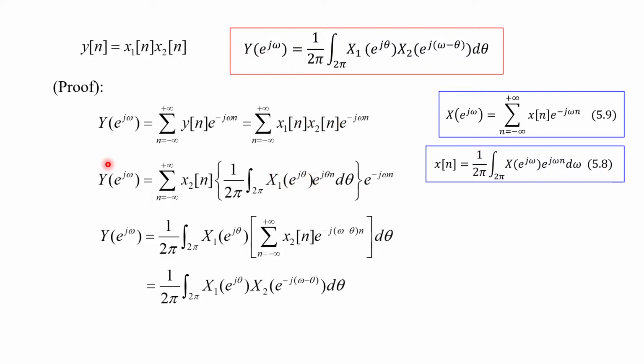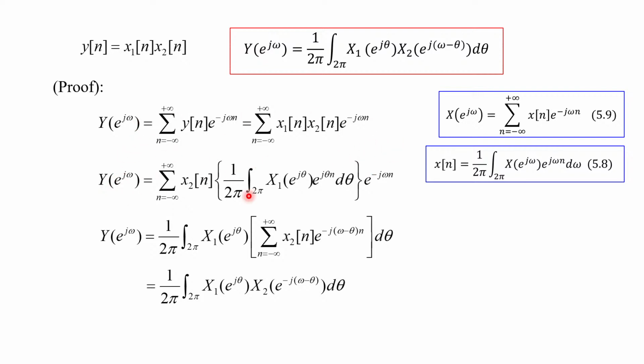Because we already have ω in our equation, we need to differentiate our variable a little bit.